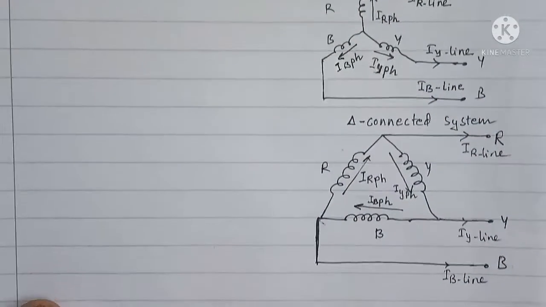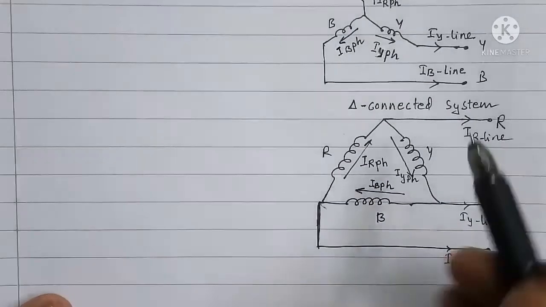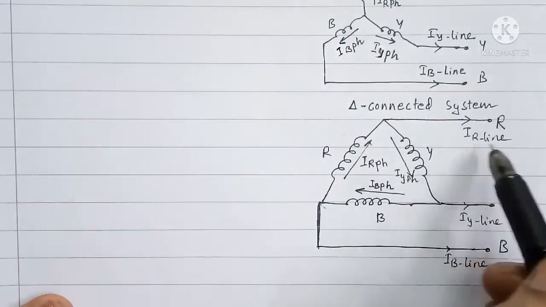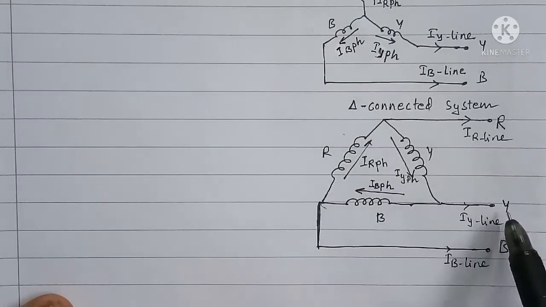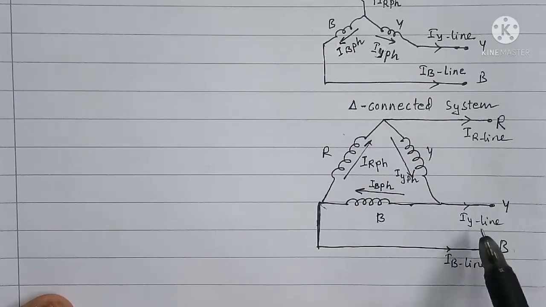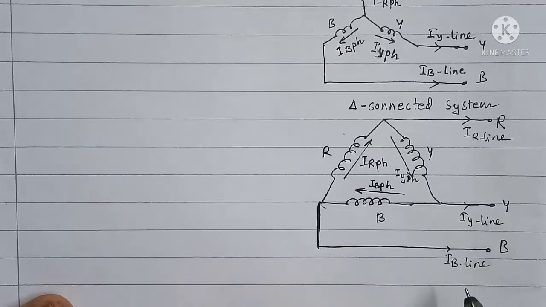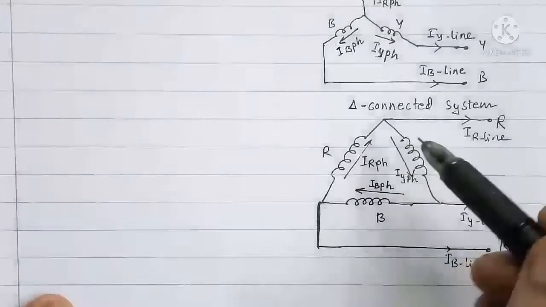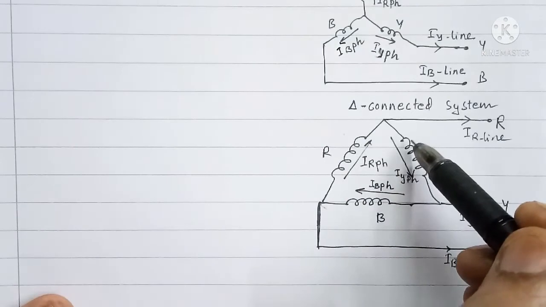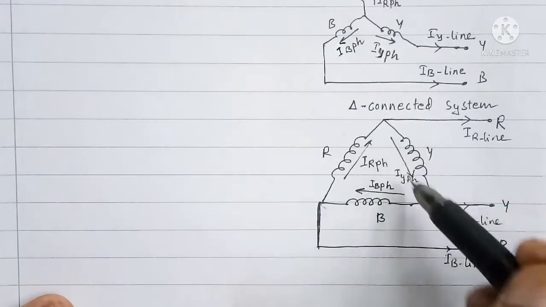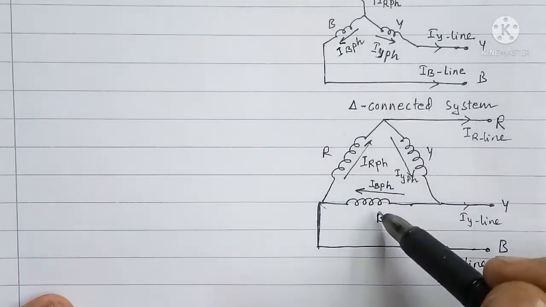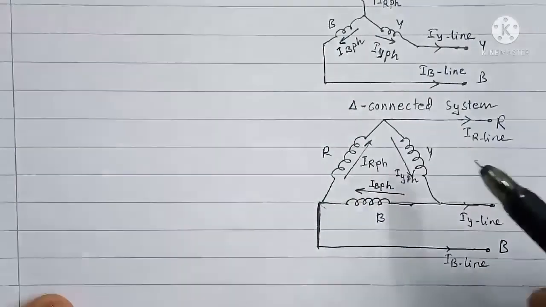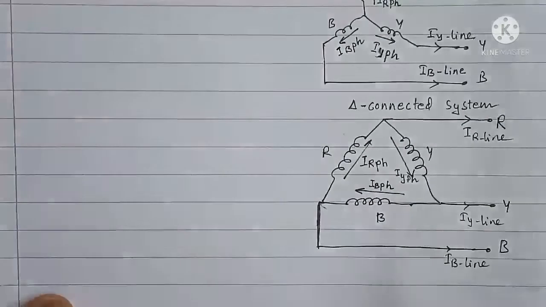Similarly, in delta connected system also, current flowing through R line is IR line, current flowing through Y line is IY line, current flowing through B line is IB line, current flowing through Y phase is IYPH, current flowing through B phase is IBPH, and current flowing through R phase is IRPH.